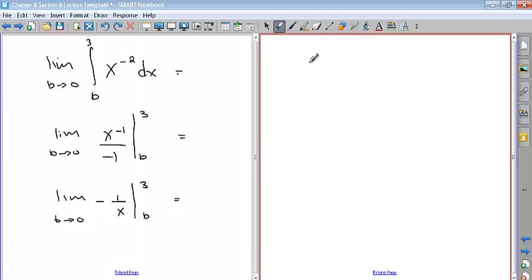Now, we evaluate the function at the limits. We don't do the limit yet. So we get negative 1 over 3 minus negative 1 over b. And the limit is going to 0, not to infinity.